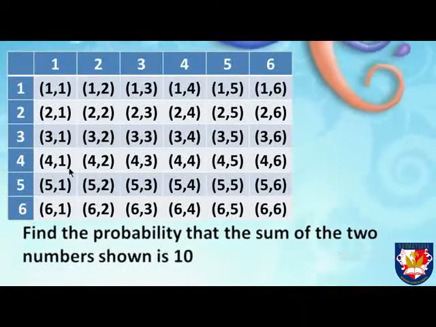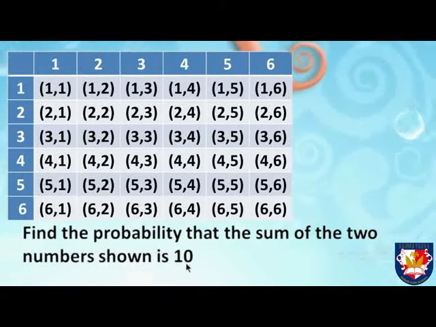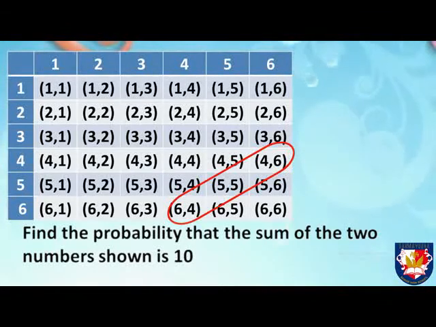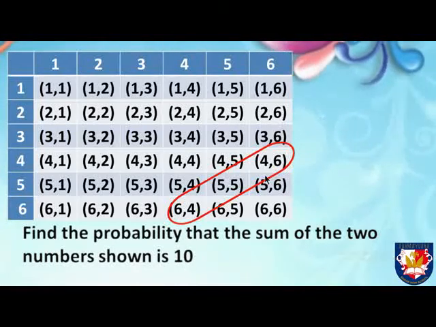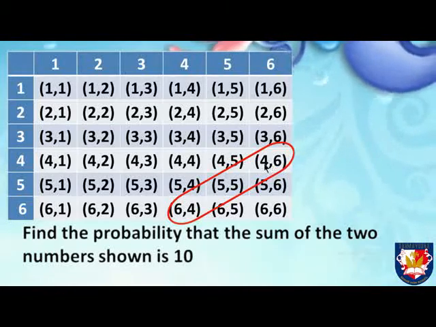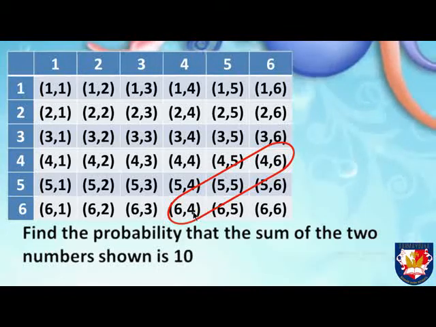So find the probability that the sum of the 2 numbers shown is 10. We find the outcomes that, if we add those numbers together, equal 10. If you look very carefully, you'll find that these 3 outcomes are the favorable outcomes of this event, because 4 and 6, if we add this together, we get 10. 5 and 5 also 10, 6 and 4 also 10.